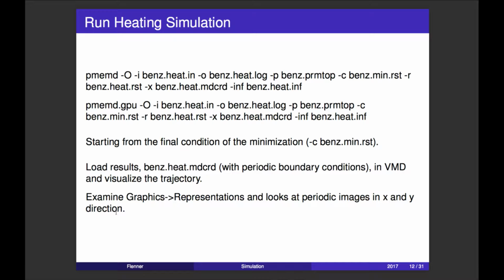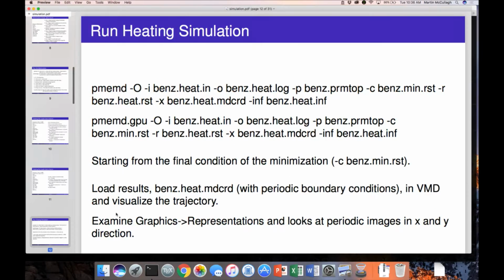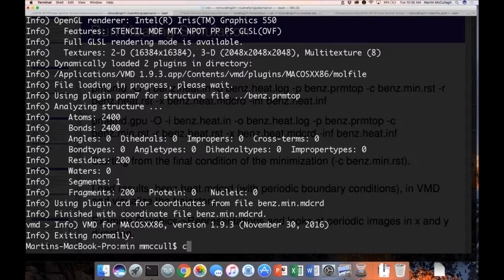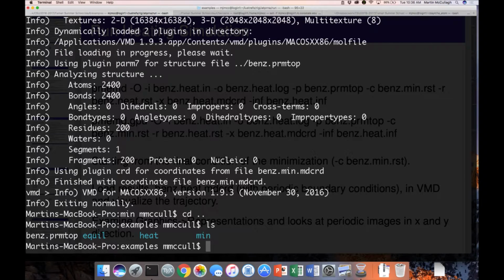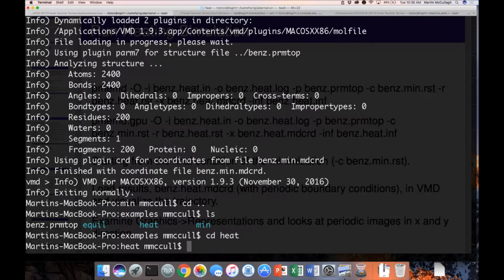Now we can load the results in VMD and see what this did. That's in the file heat. Now you want to make sure that you load it with the periodic box. Otherwise, it reads in the coordinates incorrectly, and it looks really weird.